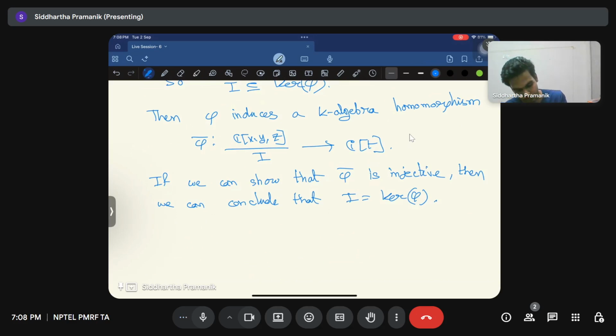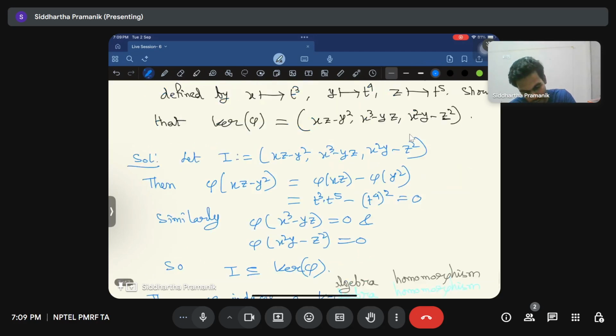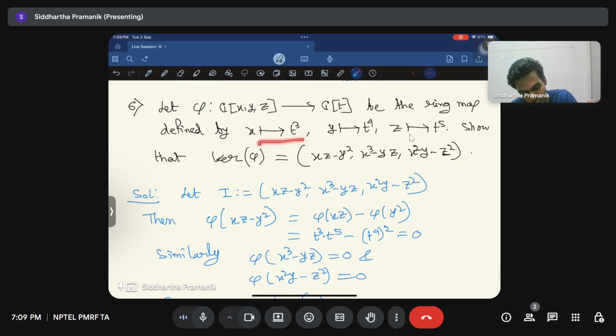Now note that the image of phi is the same as the image of phi bar. But what is the image of phi? x goes to t^3, y goes to t^4, z goes to t^5.